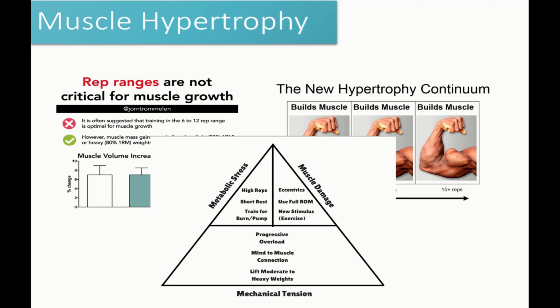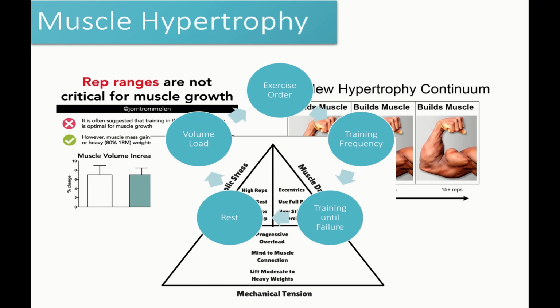Like we said, one of the byproducts of lifting heavy is that you will get strong and you will get big at the same time. There aren't too many people that aren't interested in those types of adaptations. So metabolic stress, muscle damage, and mechanical tension were identified as the key variables when it comes to muscle hypertrophy.